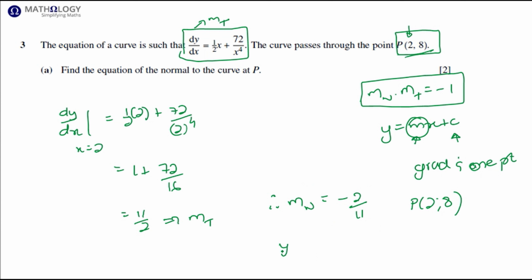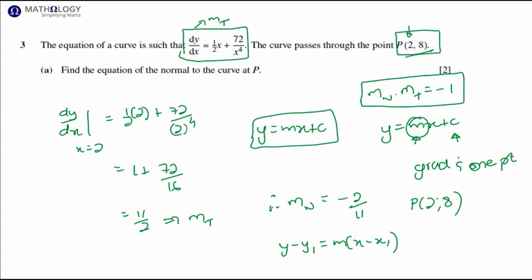P(2, 8), and now we can use y minus y1 equals m times x minus x1 to determine the equation of the normal. You can also use y equals mx plus c. There's nothing wrong with using that. It just requires an extra substitution.